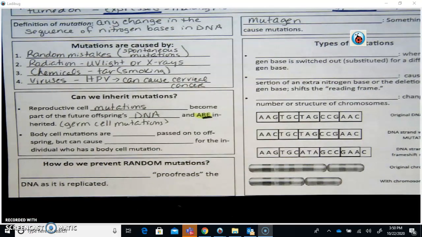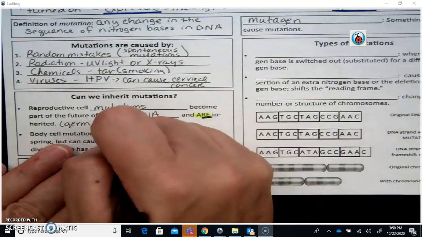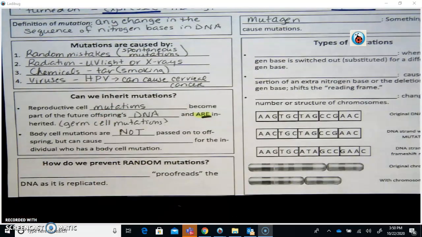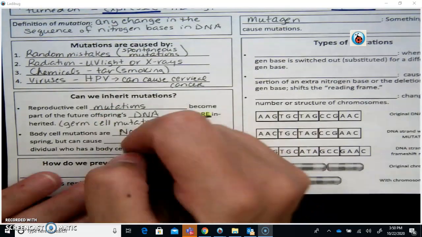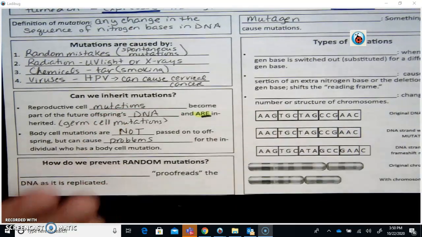But sometimes mutations don't happen in egg and sperm. Sometimes they can happen in your body cells, like your skin cell or your lung cell or your pancreas or liver cell. So body cell mutations are not passed on to offspring, so they're not inherited, but can cause problems for the individual who has the body cell mutation.